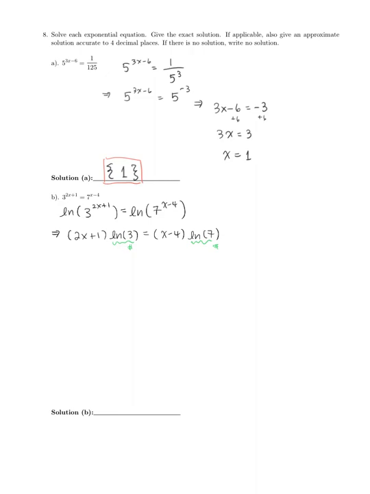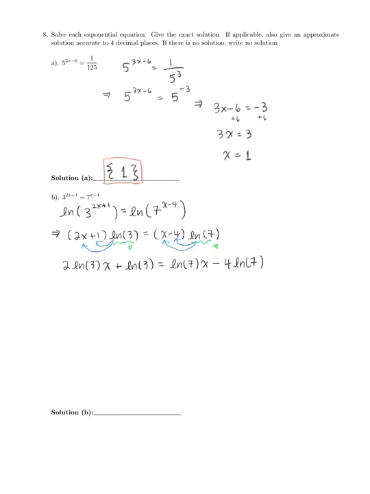Okay, so next step, I'm going to distribute this constant into each term. So what do we get here? 2 ln of 3 times x plus ln of 3 equals ln of 7 times x minus 4 ln of 7.